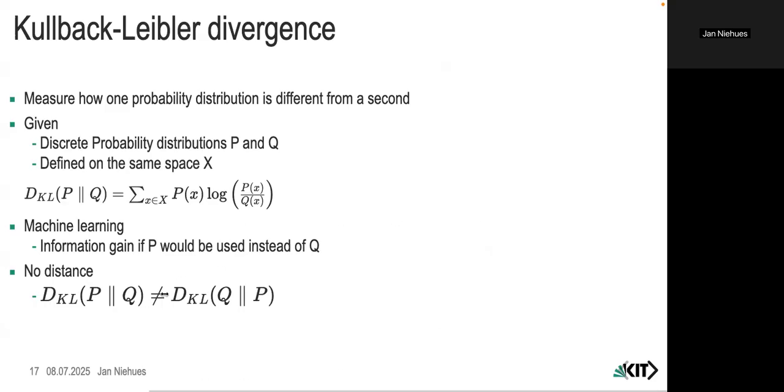So it can be used to compare them, but it's not a distance, meaning the direction is important. So the Kullback-Leibler divergence between P and Q is different than the one between Q and P. Which for distances, if you go from A to B, it doesn't matter if you go from A to B or B to A, the distance in a metric should be the same.